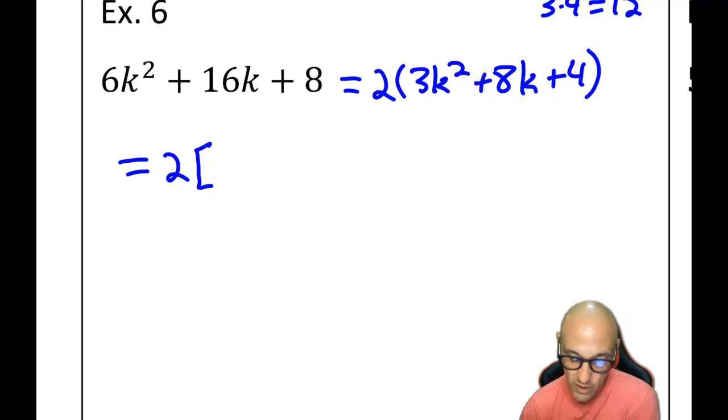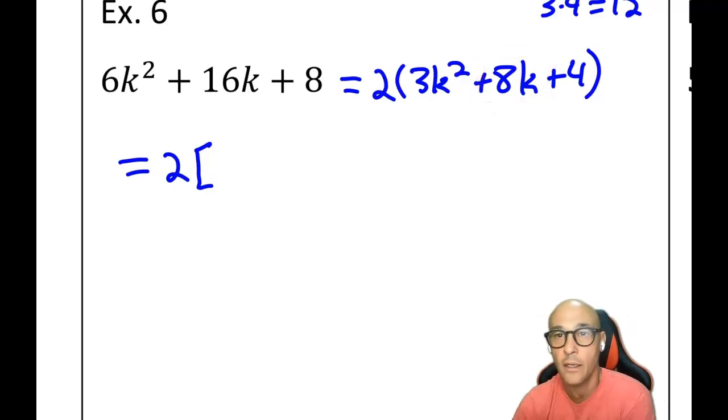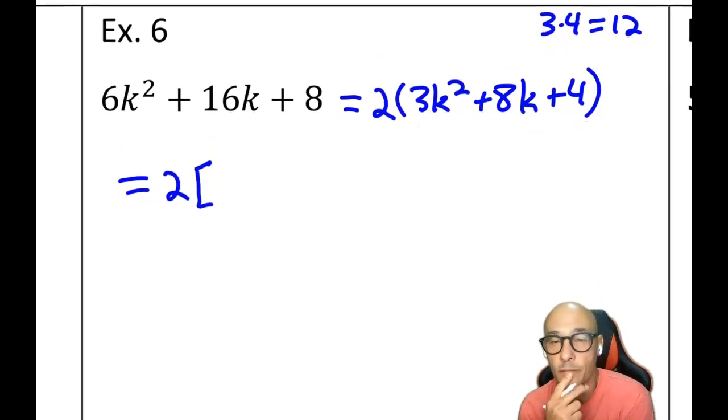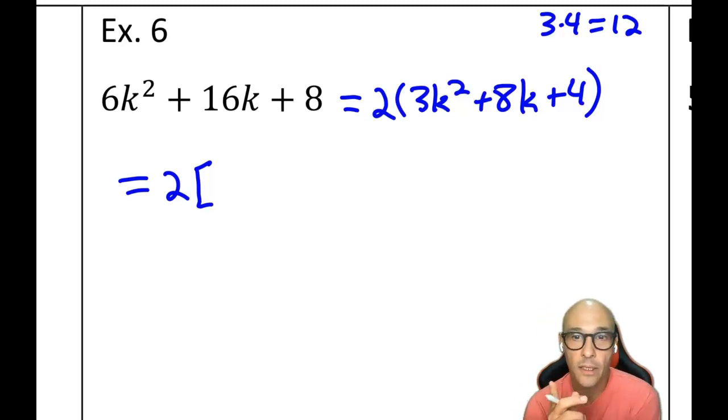So how am I going to split 8 so that the product equals 12? 8 times 1 doesn't work. 4 times 2 doesn't work. Oh, or no, 4 times 4. 6 times 2. 6 times 2 works. I confused that up pretty bad.